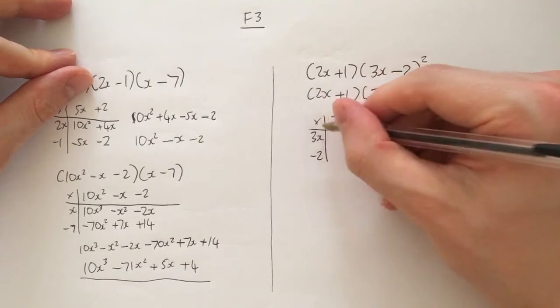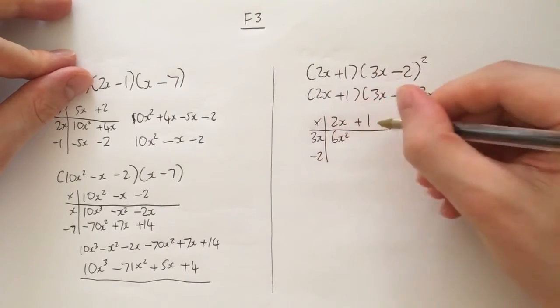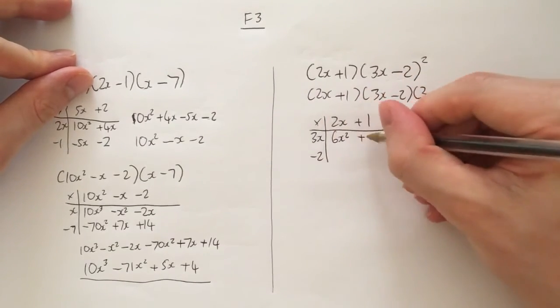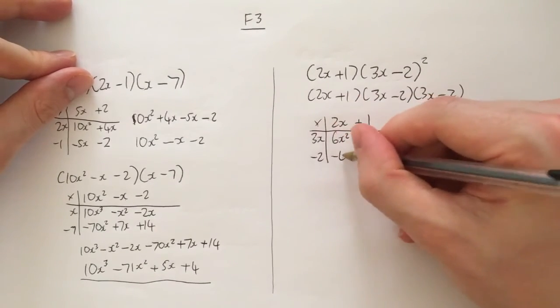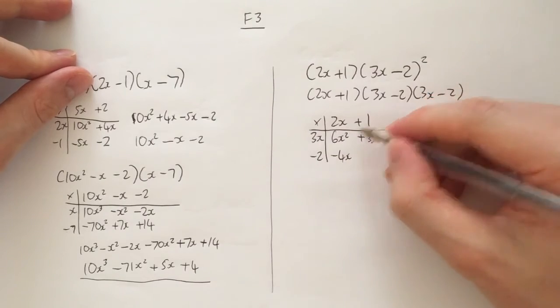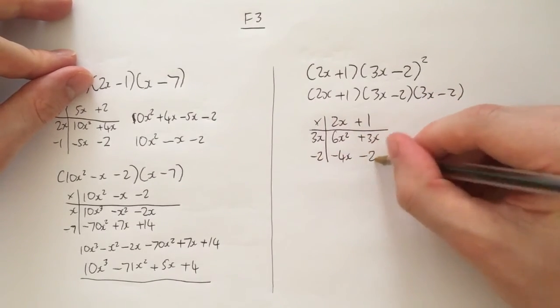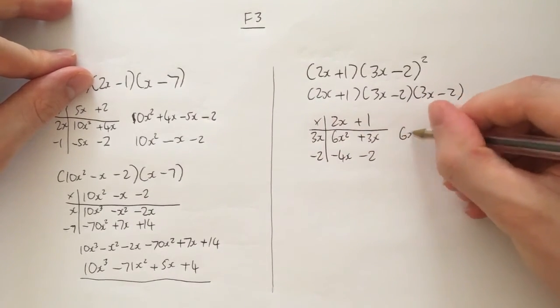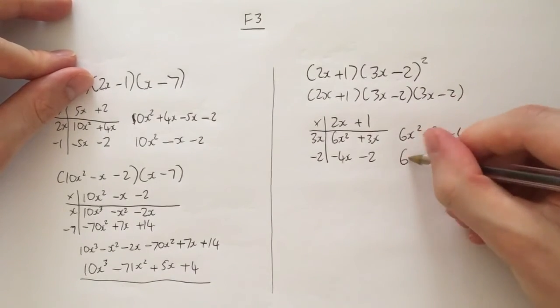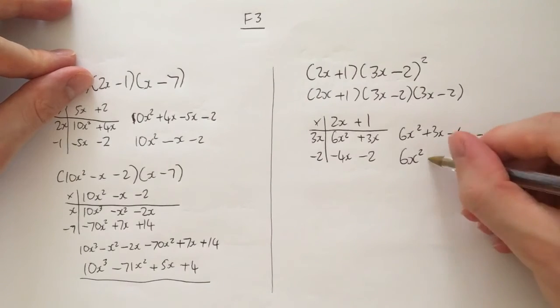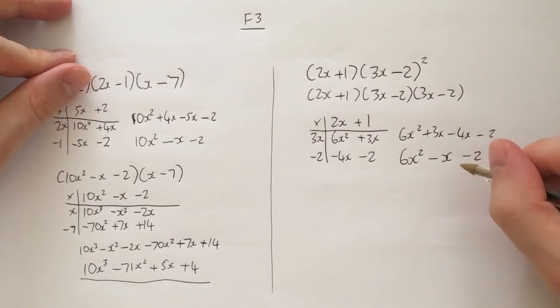Multiply. 2x times 3x is 6x squared. 1 times 3x is plus 3x. 2x times negative 2 is negative 4x. And positive 1 times negative 2 is negative 2. 6x squared plus 3x minus 4x minus 2 would be 6x squared minus x minus 2.